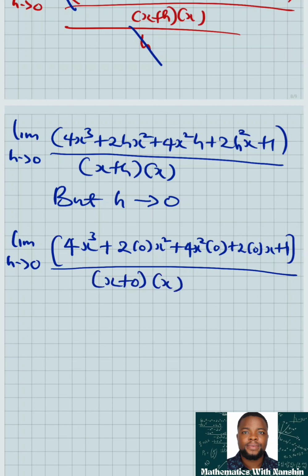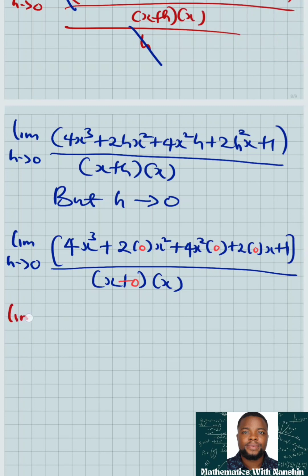Now what we did here is where we have h, we replace that with 0. So these are the places we did that replacement.